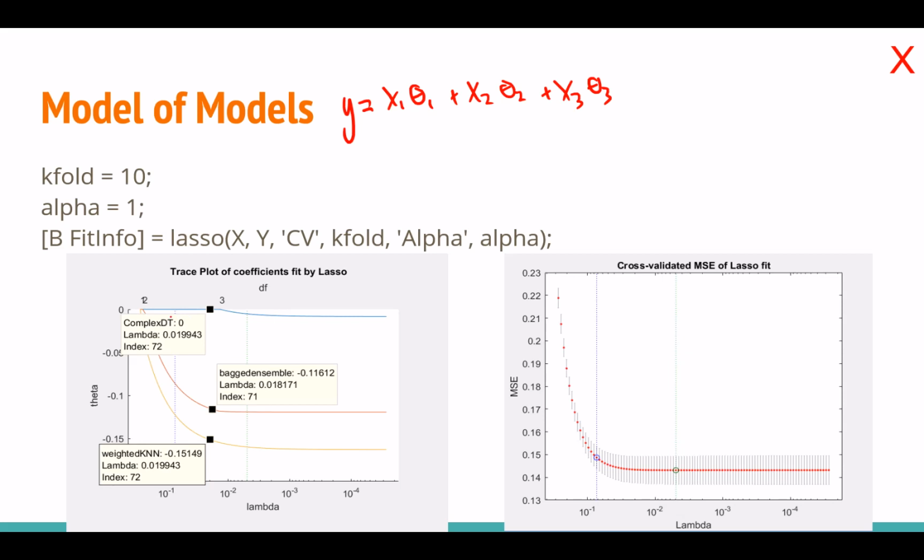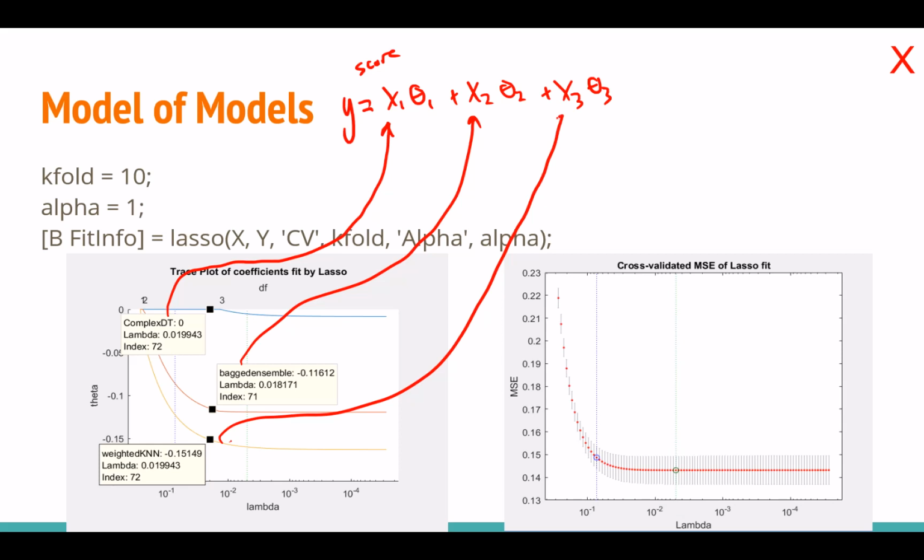Here each of these x's is the probability score of one of these models. So this is interesting. We're taking those x's and giving them weights, multiplying them together to get our y prediction. And so we're building a model of these models.